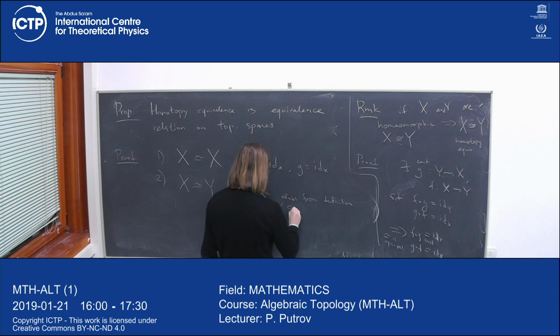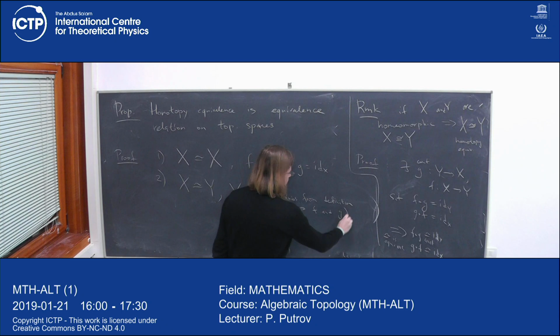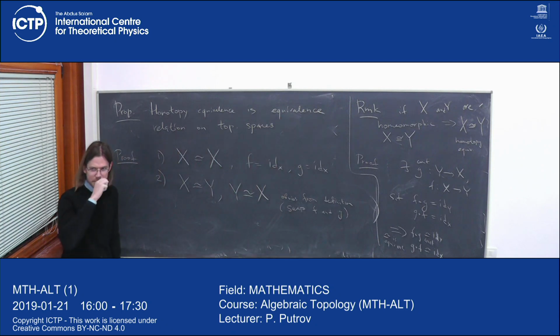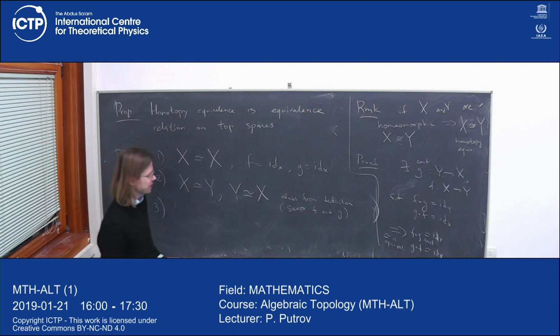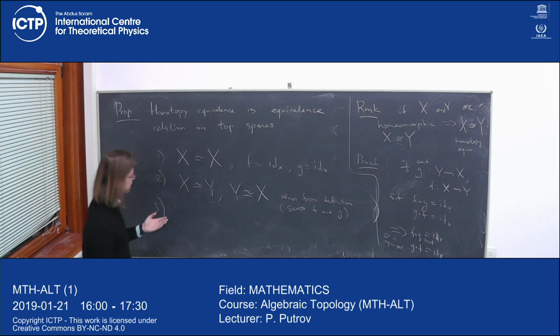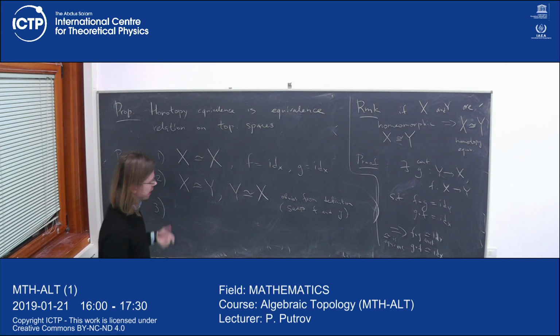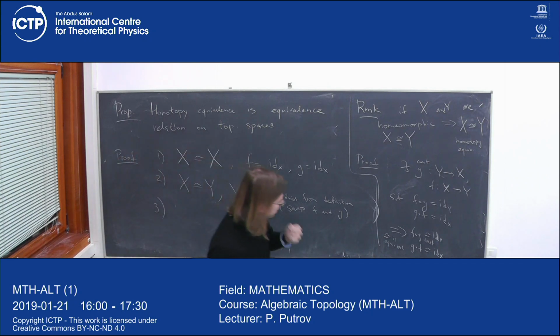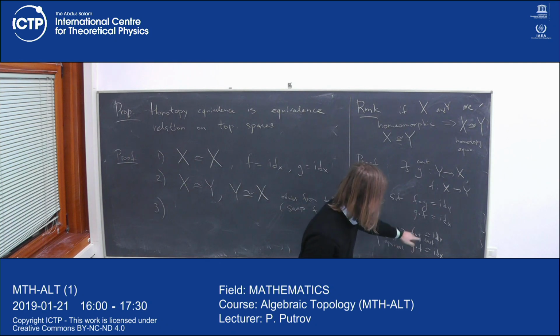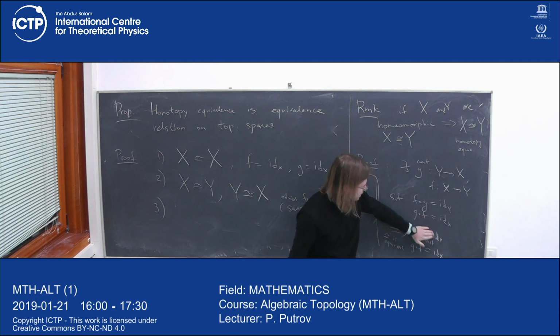We just need to swap f and g. The statement of homotopy equivalence was that there exists a pair f and g such that the compositions satisfy this property.